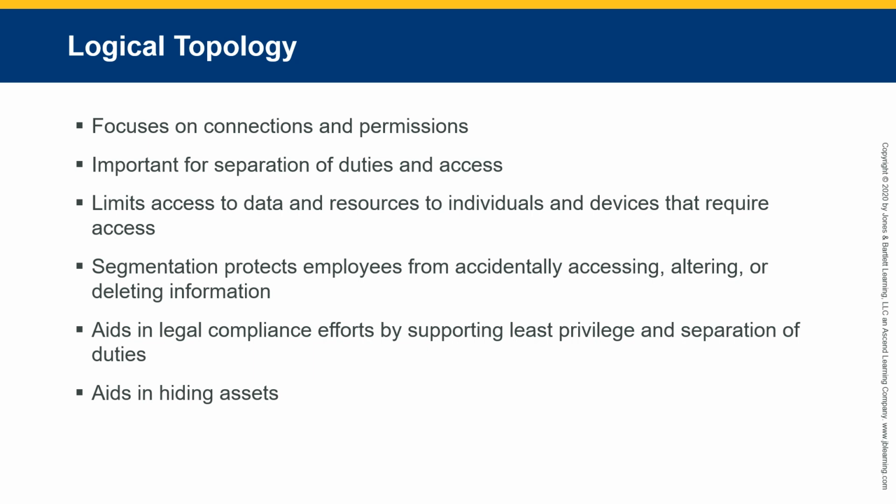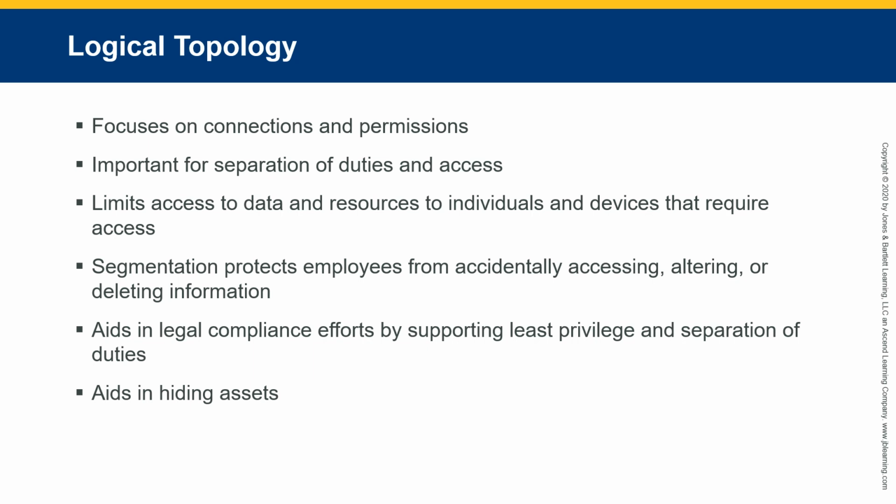So here you would use mechanisms on your networking devices to create and limit access to only those that need to access those certain systems. So what you can do, the segmentation kind of protects employees from accidentally accessing, altering, or deleting information that they shouldn't.